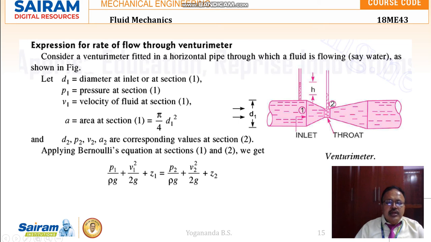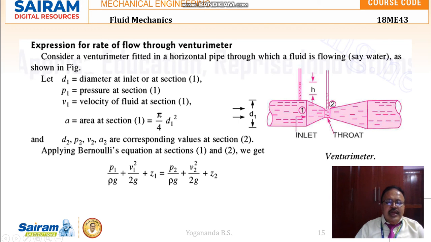Now applying Bernoulli's equation at section 1 and 2, we have P1 by rho g plus V1 square by 2g plus Z1 equal to P2 by rho g plus V2 square by 2g plus Z2. That is pressure head plus kinetic head plus datum head.